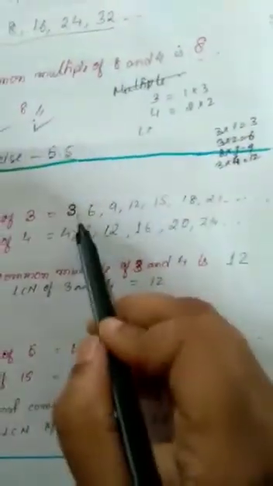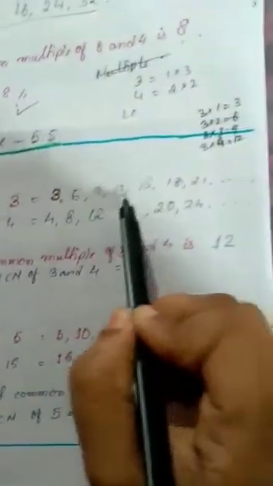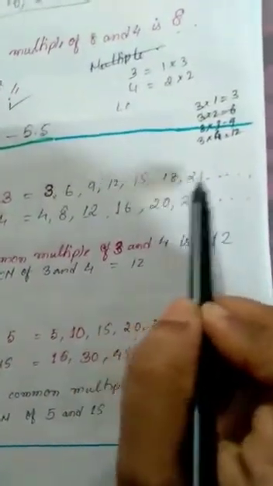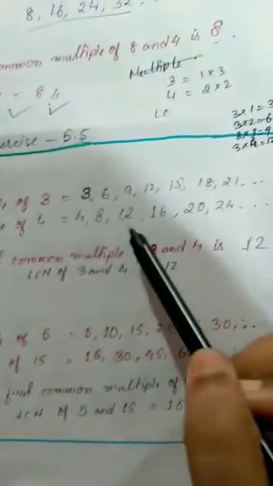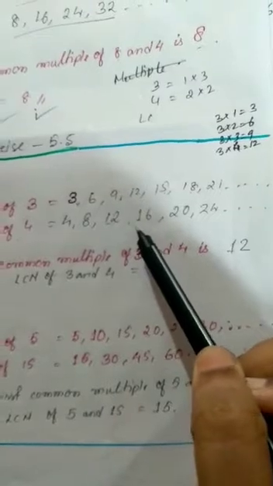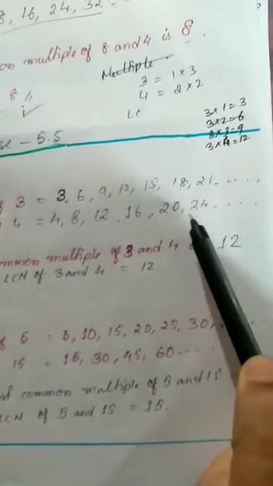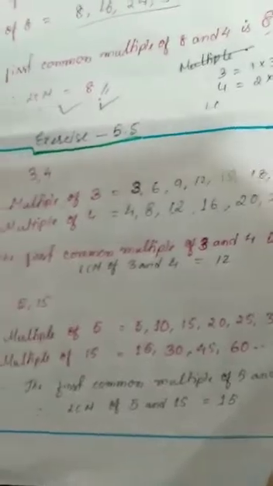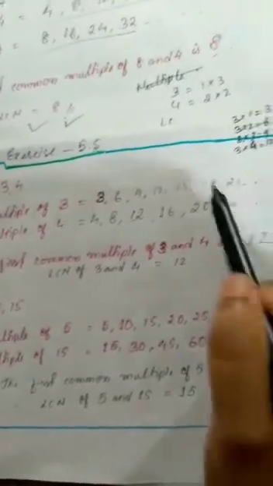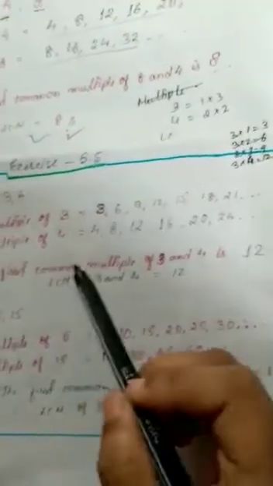Same way I have listed here 3, 6, 9, 12, then 15, 18, 21. Same way, the multiples of 4 are 4, 8, 12, then 4 times 4 is 16, 4 times 5 is 20, 4 times 6 is 24. We can find many more, but I have found this much only.